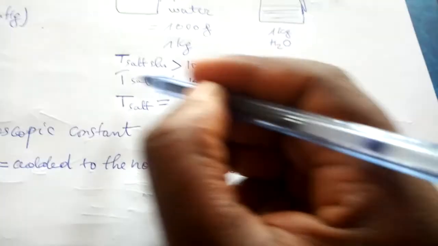It means that if we take pure water and the boiling point is 100 Celsius degrees, the boiling point of the resulting solution will be greater than 100.